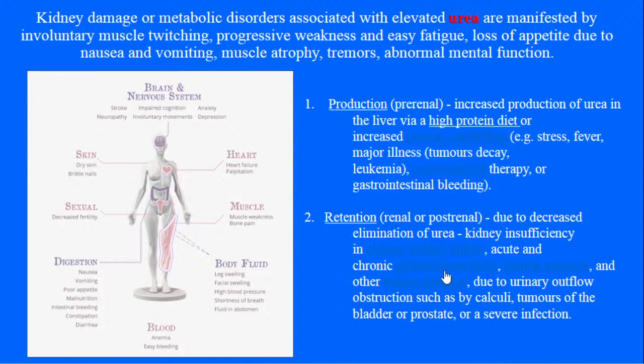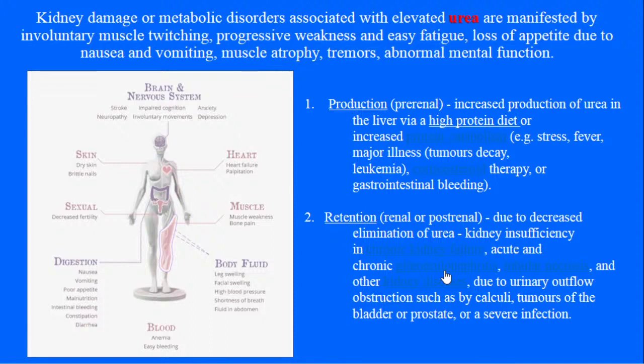The second type is retentional uremia. It can be renal or postrenal, depending on the reasons. Here, urea is accumulating due to kidney insufficiency to excrete it, to filtrate it.